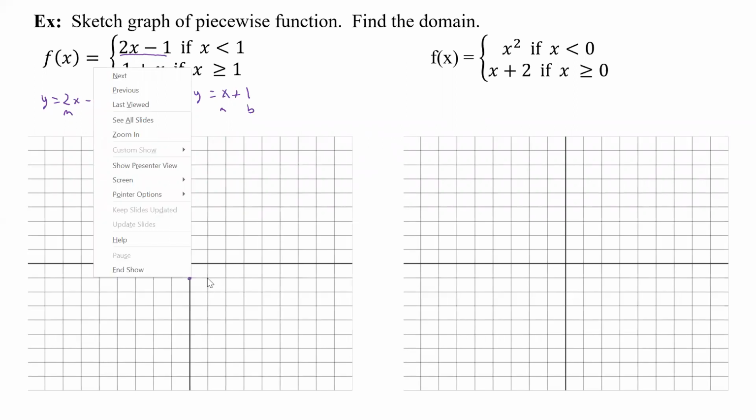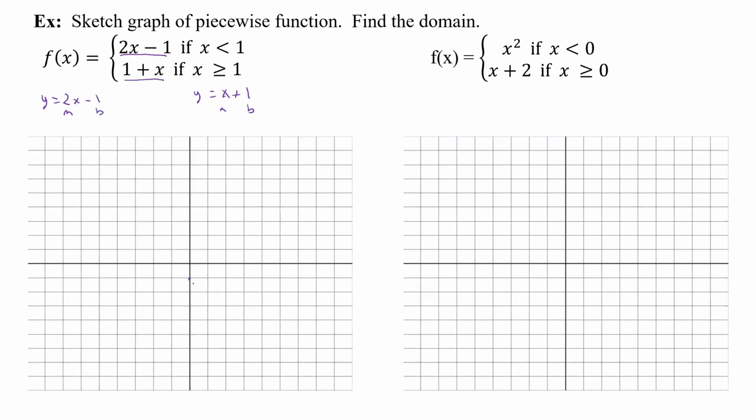And it'll probably disappear as soon as I write on it. And so then the slope is 2, so that's going to go up 1, 2, and then over 1. Now what we need to do is see where it's valid, and I should have done that at first. It's going to be valid for x less than 1. So at that 1, that's actually going to be an open circle.